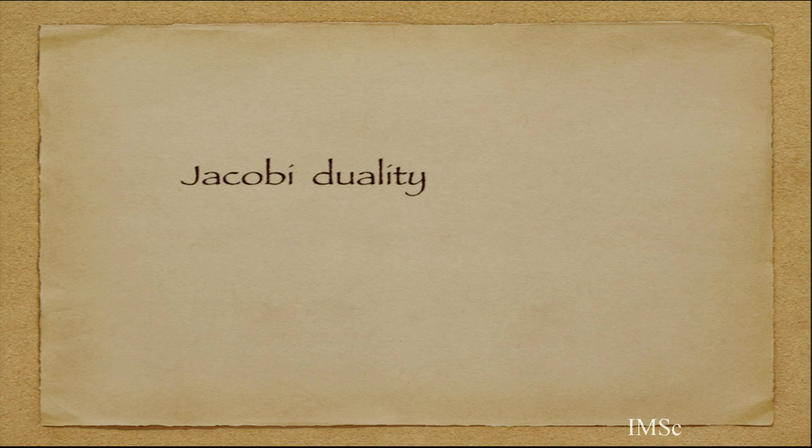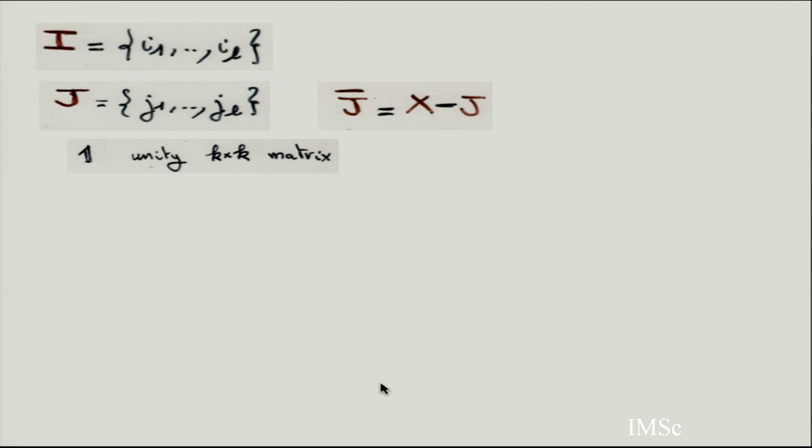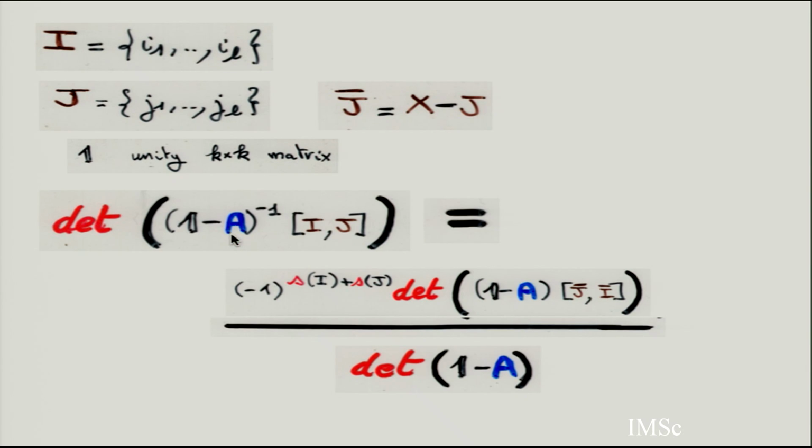So I recall to you the classical theorem of Jacobi duality in linear algebra. You take two subsets of the integers 1 to k. I did not write it there, but I and J are subsets of the segment 1 to k. I take a k by k matrix.